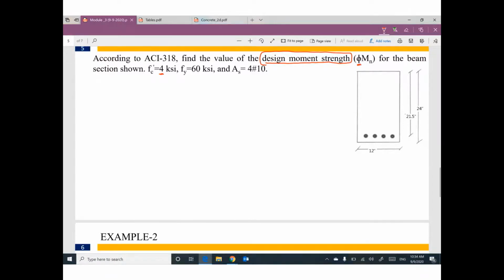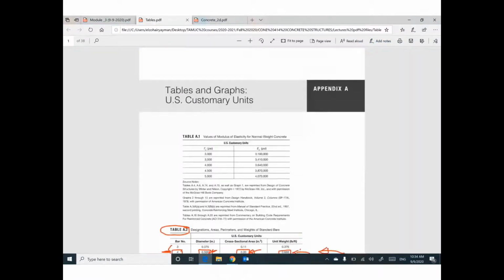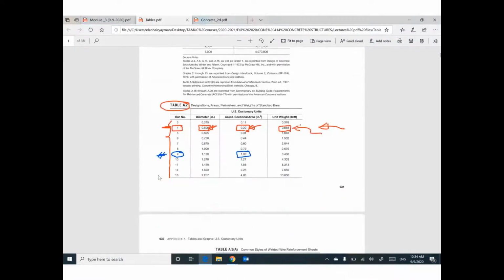Okay, anybody can remind me what is the actual value of area steel? Yeah, it's 4 number 10 bars. What is the value in square inches? 4 times what? I need to open my tables and figure out number 10. Where is number 10? Here you go.